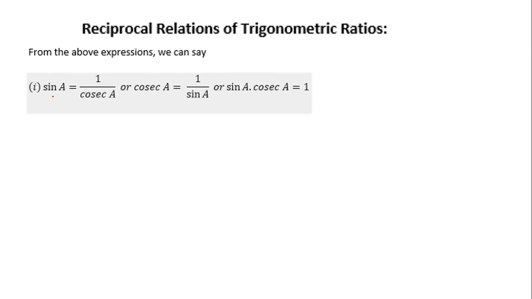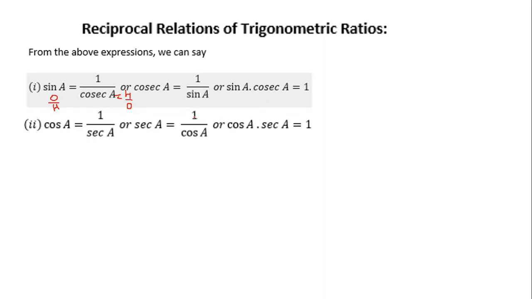So reciprocal relation you can observe. Sine we have seen is opposite by hypotenuse, and cosec is hypotenuse by opposite. So what we can observe, they are reciprocal of each other. Or we can write cosec A is equal to 1 by sin A, or their multiplication is equal to 1. So these are called the reciprocal relationships amongst the T ratios.